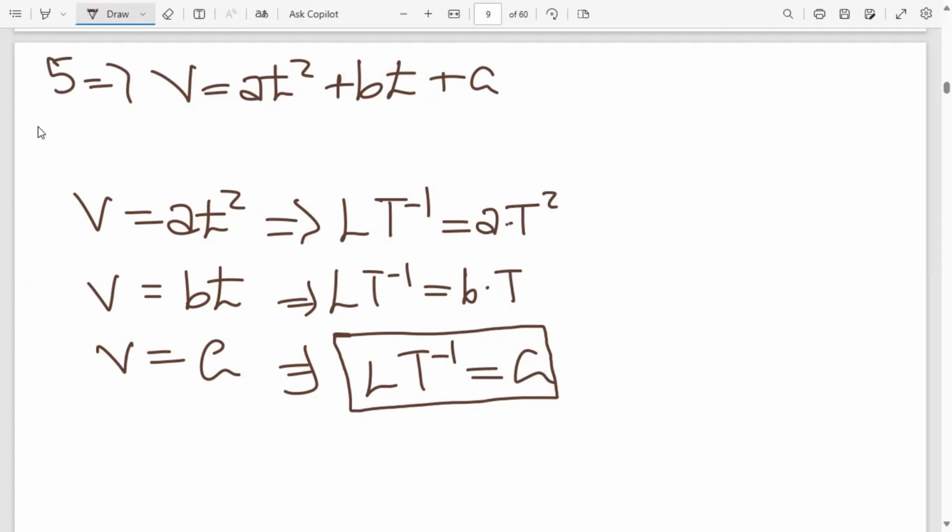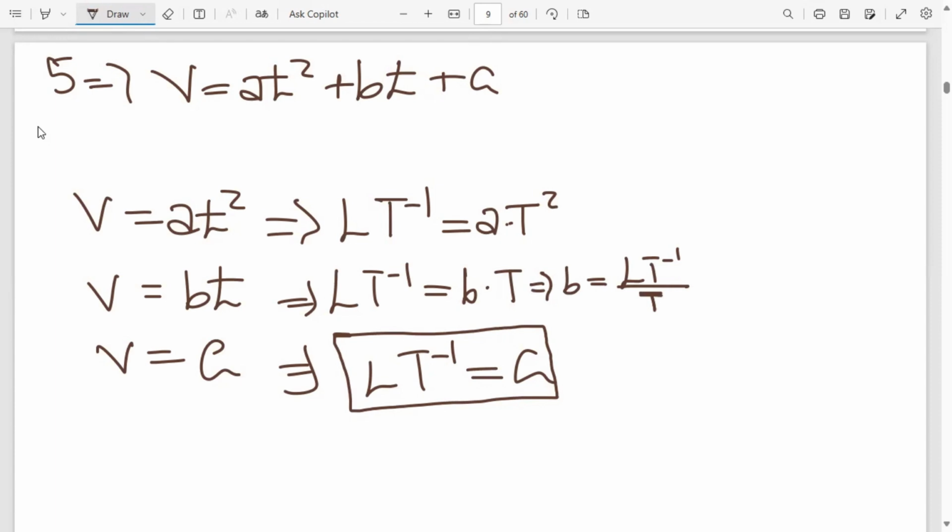Hence, B is equal to LT to the power minus 1 over T. We are dividing by this T.